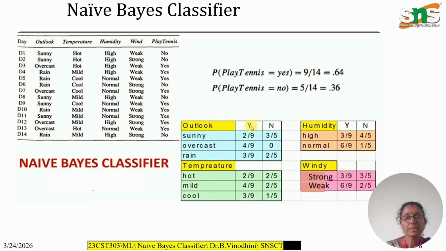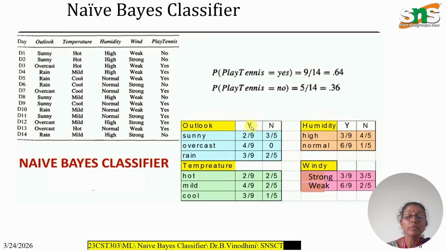The first step is to find the probability of the class labels. In this example, the class label is yes or no. We have to find the total number of yes and no out of 14. So the probability of play tennis equal to yes is the number of yes divided by the total number of occurrences, which is 9 divided by 14, equal to 0.64.